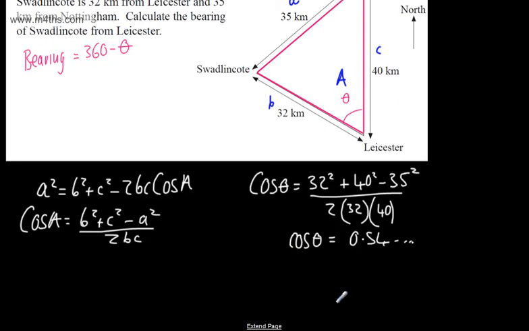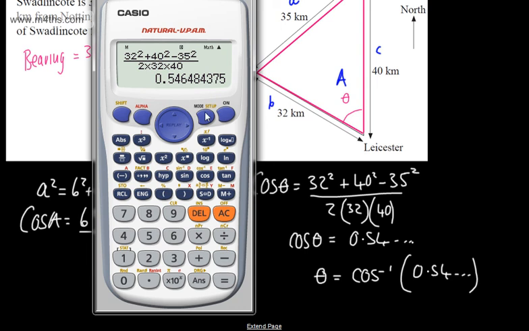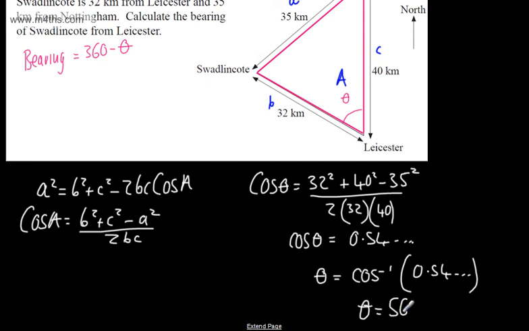So we need to take the inverse cosine, so theta will be equal to the inverse cosine of the 0.54 dot dot dot that we have in the calculator. So we're in degrees mode, shift cos, it's the inverse cosine, cos to the minus 1, or arc cos. That's going to give us now 56.87, so theta is equal to 56.87 dot dot dot.